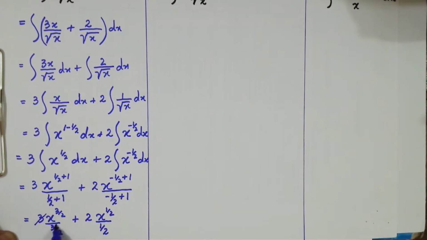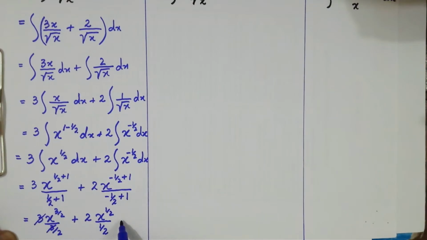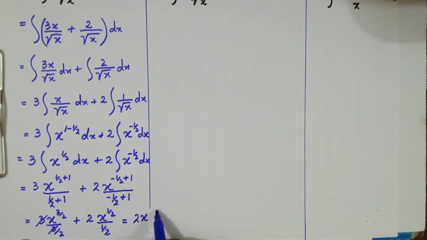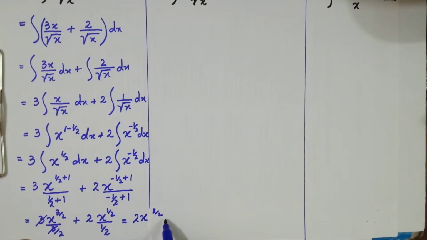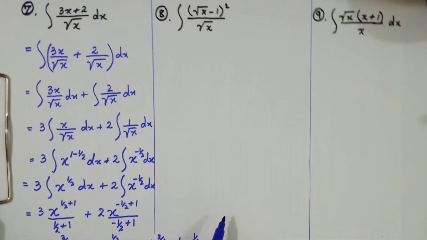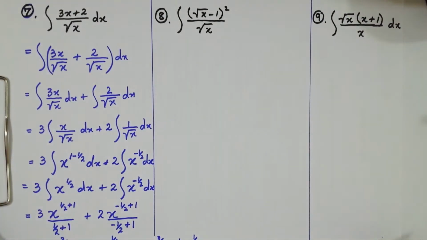These 3 will cancel and your result is 2x raised to power 3 by 2 plus, this 2 will multiply with this one, you will get 4x raised to power 1 by 2. Now that is the integration of this given question.